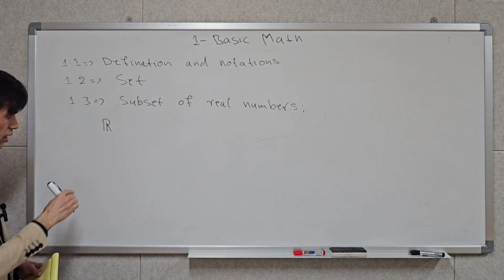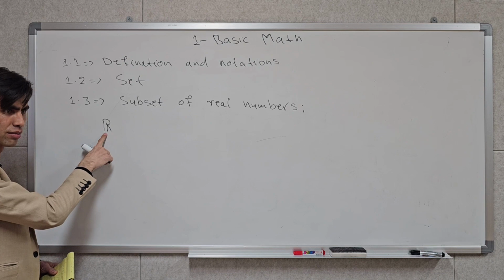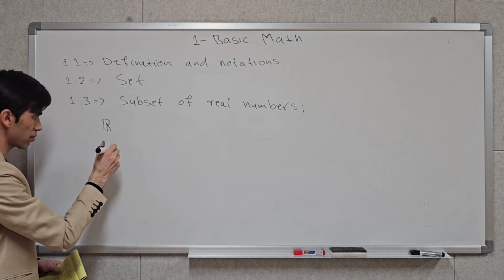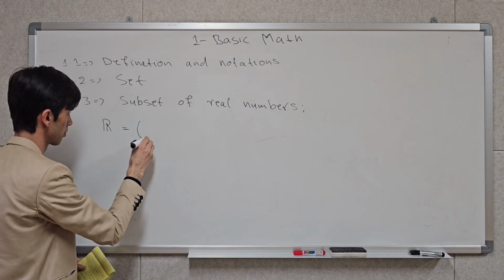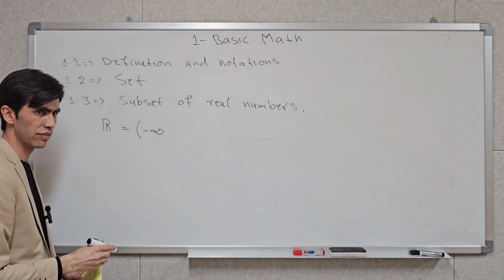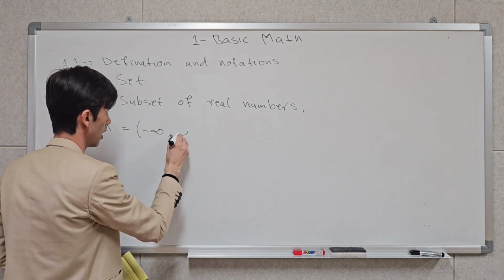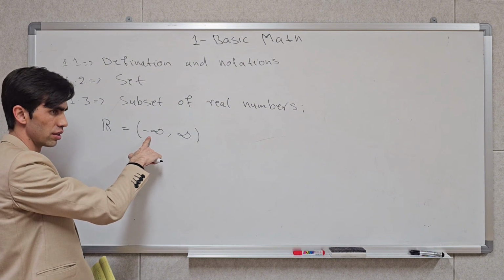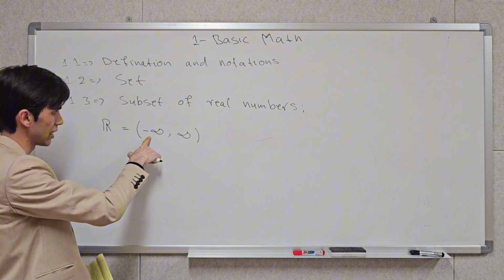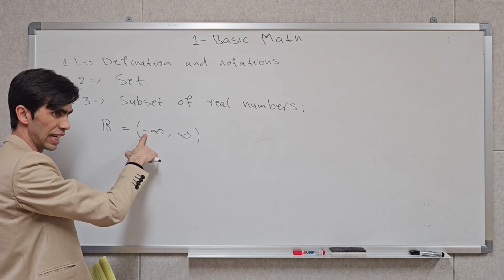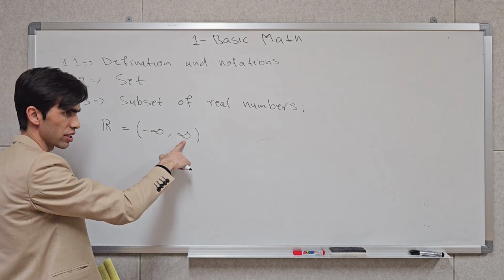It's similar to R, but not exactly R. This sign means real numbers, and it's equal to the interval starting from negative infinity up to positive infinity. But it does not include, because it's closed. Sorry, it's open. It does not include negative infinity or positive infinity.